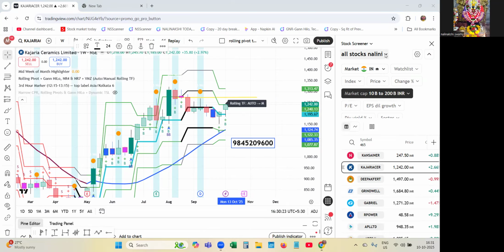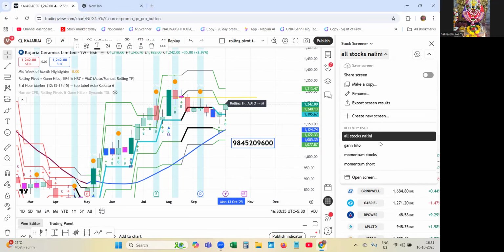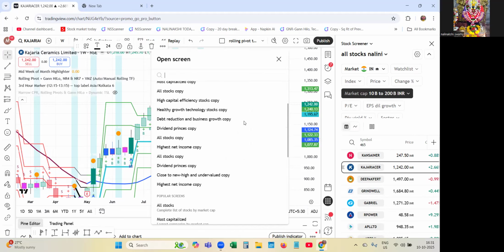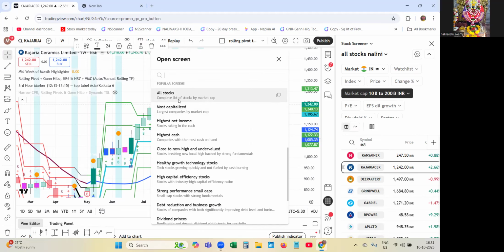See, if you click on this drop down menu, this is the screener. Actually, if you go down and open screen. If you open screen, here I have taken all stocks by market capitalization.